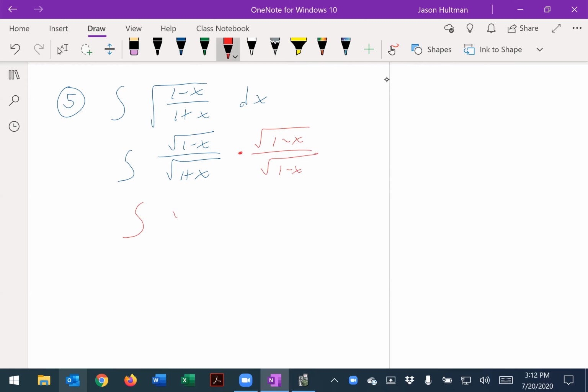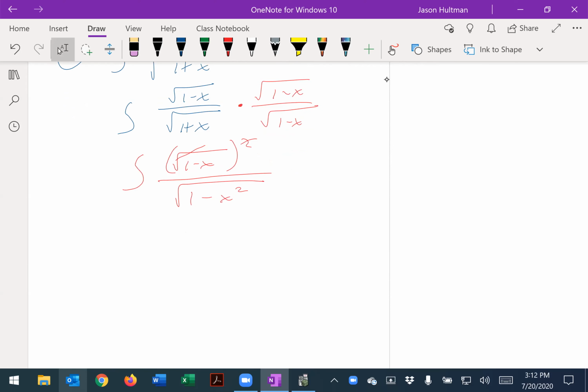So this is the square root of 1 minus x squared all over the square root of 1 minus x squared. I just multiply those together, and that's the difference of 2 squares, 1 minus x squared.